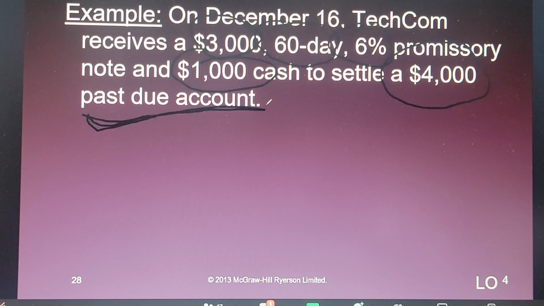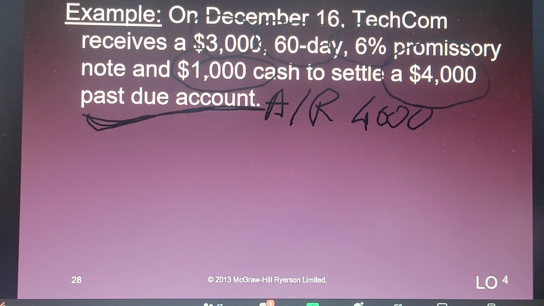So what did I have? Past due account means there was an accounts receivable of 4,000. They came to me saying, you know what, we only have 1,000 now, we'll give you the 1,000 and a note for 60 days. We'll pay you the rest of 3,000 at 6%.